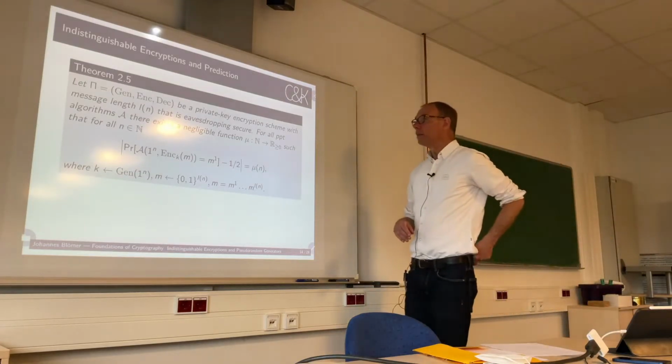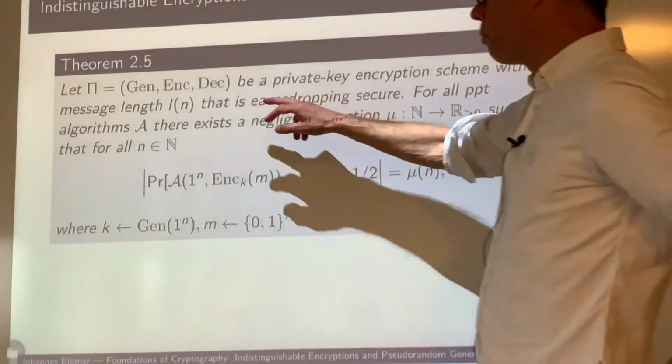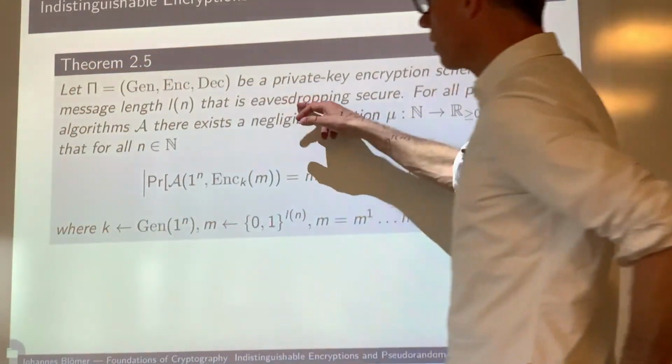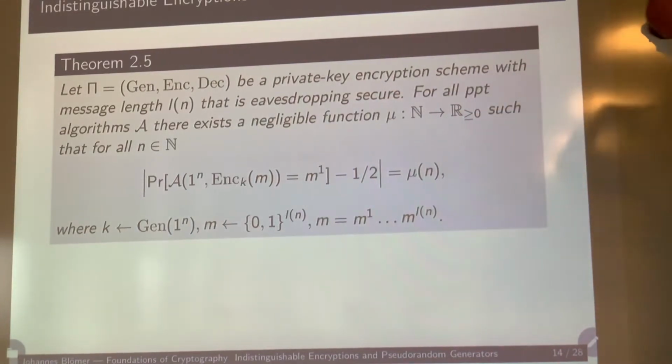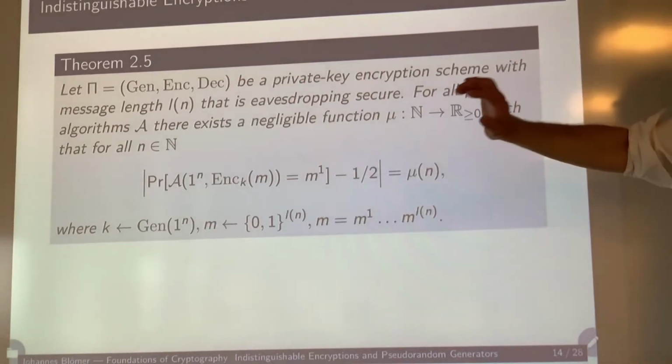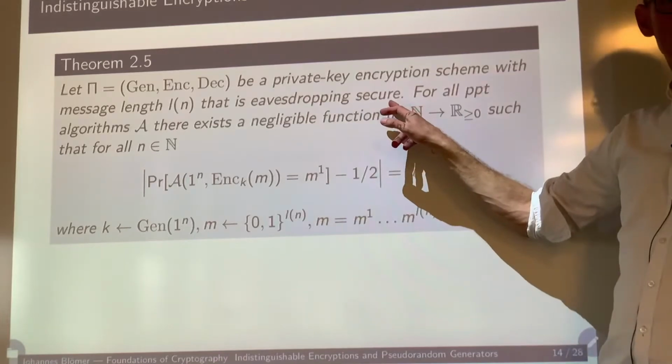Namely, let pi be a private key encryption scheme with message length L of n. This time I really require that it's of fixed length, for technical reasons. That is eavesdropping secure.